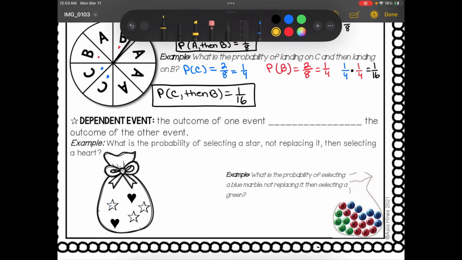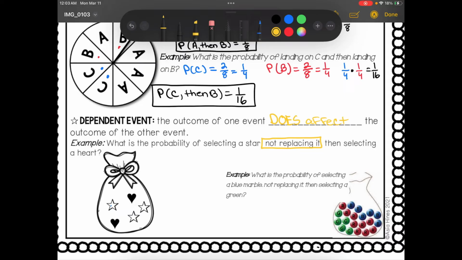Now we're going to talk about dependent events. Dependent events are when the outcome of one event does affect the outcome of the other event. Here's an example. What is the probability of selecting a star, not replacing it, then selecting a heart?